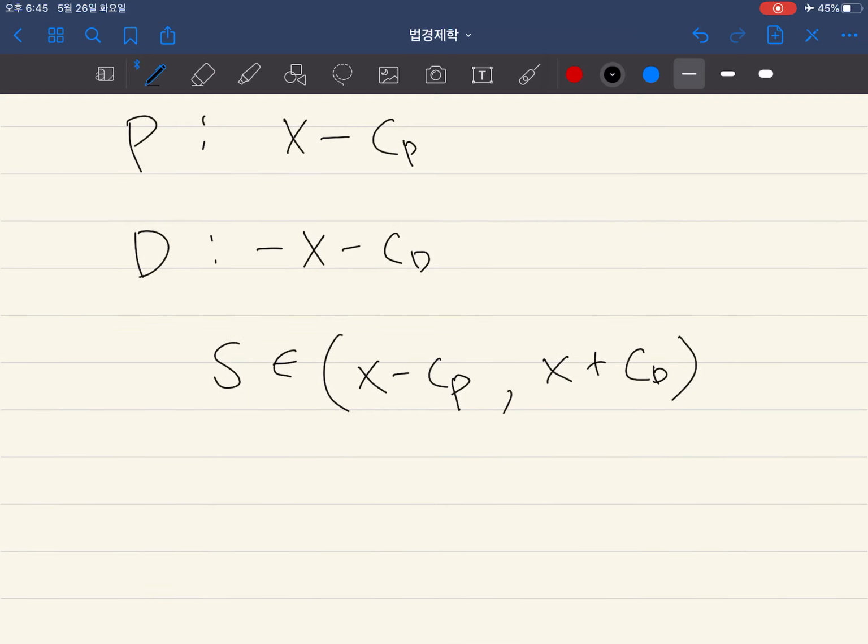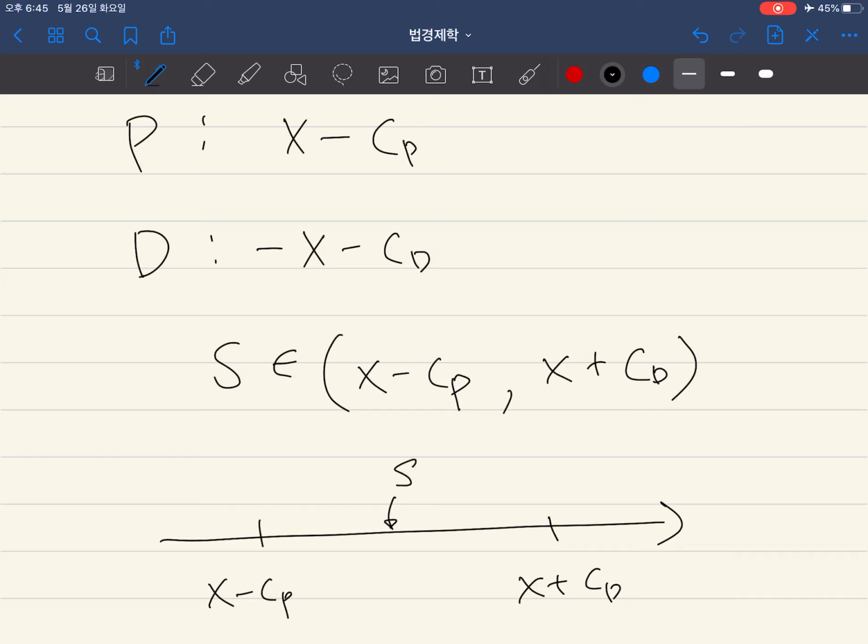Why? Because, for example, they settle at this amount. Settlement at S dollars means defendant offers S dollars to plaintiff and plaintiff agrees. So the game ends here.